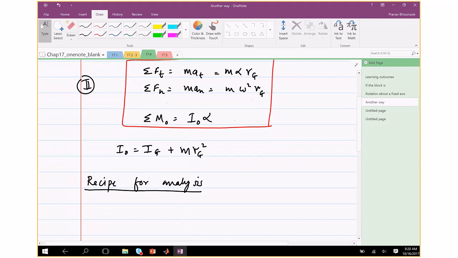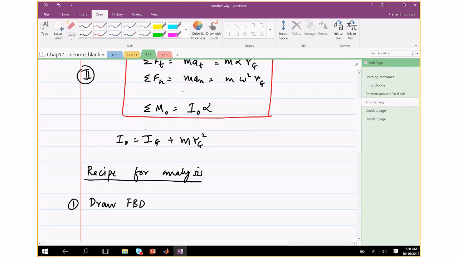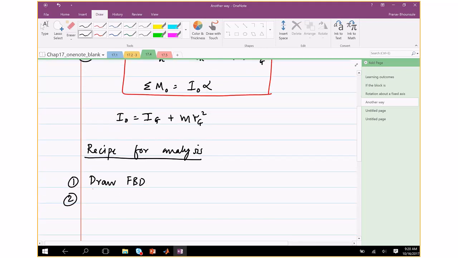So is this the same thing which I wrote earlier for particle motion? You draw the free body diagram, write the equations of motion. So use 1 or 2.